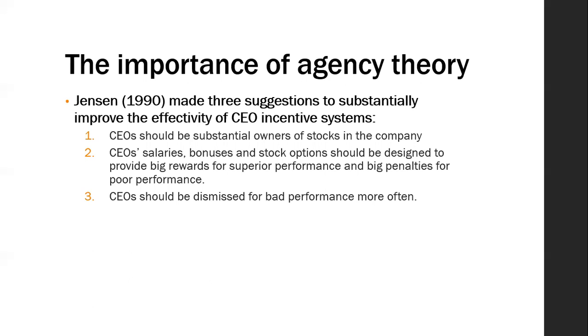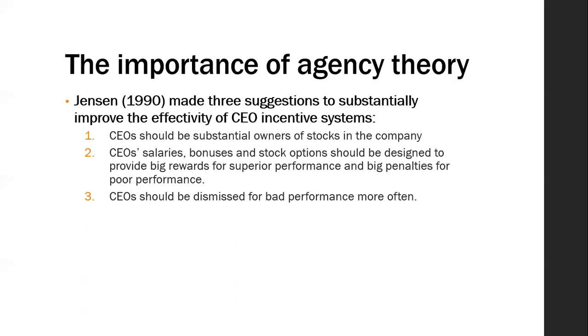Number one, CEO should be substantial owners of stocks in the company. Kung token lang yung amount of stocks na ino-own niya, right? Maliit lang relative to his total compensation package. Okay? Hindi daw effective ang mga stock ownership na compensation systems.